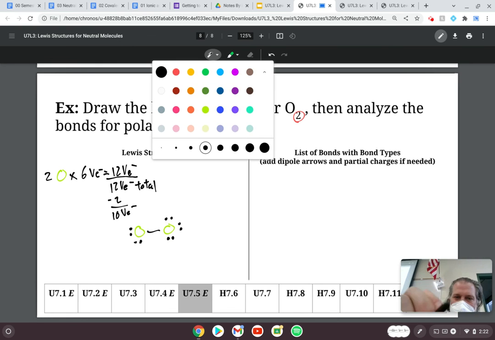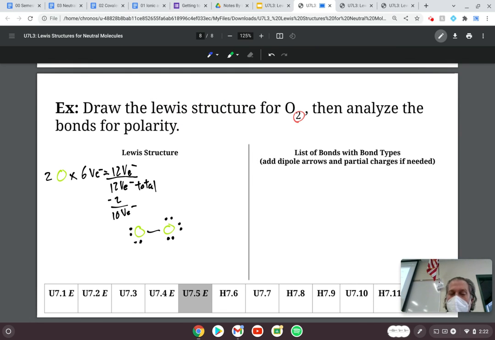So what I'm going to do is add something called a multiple bond. And the way that I'm going to do that is I'm going to take 2 of the electrons, it doesn't matter which ones, and I'm going to force them to become a bond right here. What that's going to look like is this.